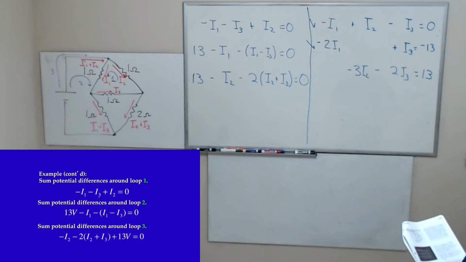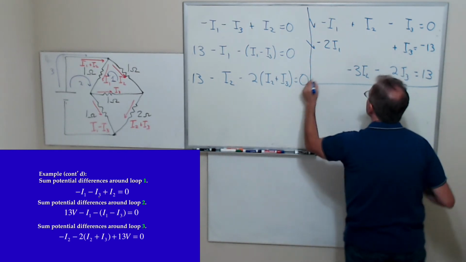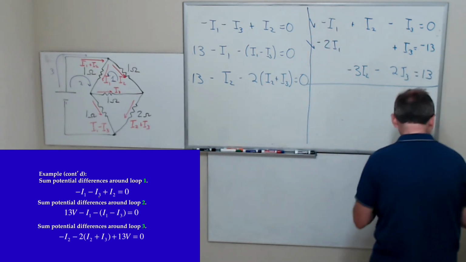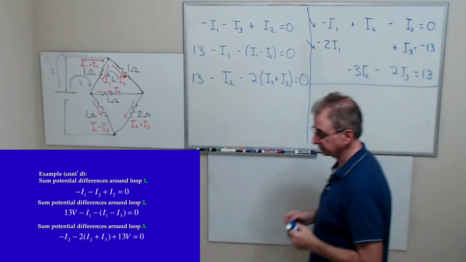And hold on a second, I'm going to check my work. I'm going to combine them. Okay. So let's take a look at these two equations. I'm going to take the top one and multiply it by 2.